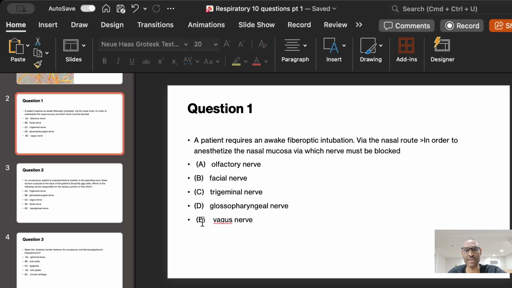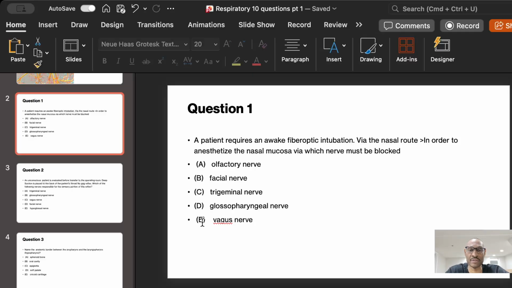I think those two things need to be placed together for you to really get the best out of it. Right. So every time. Number two, we said the answer to that was C, trigeminal. Okay, good. We'll come back.